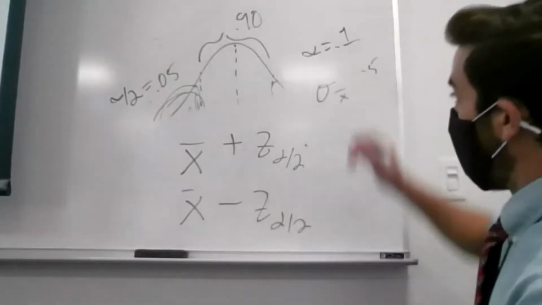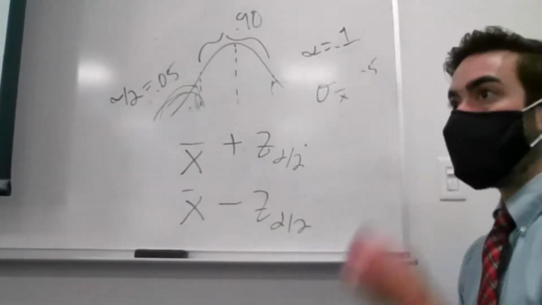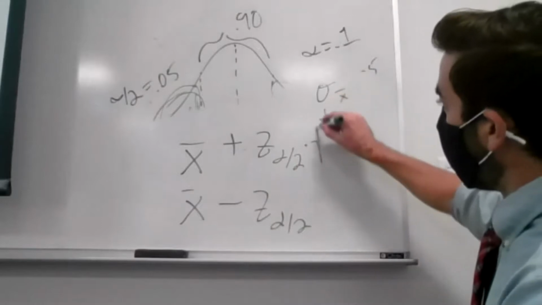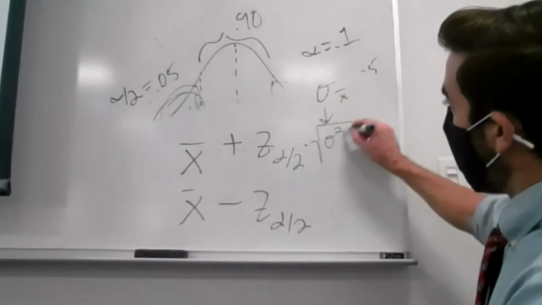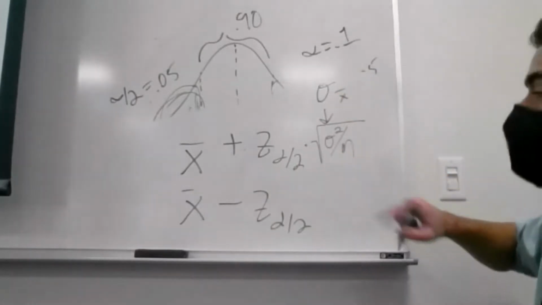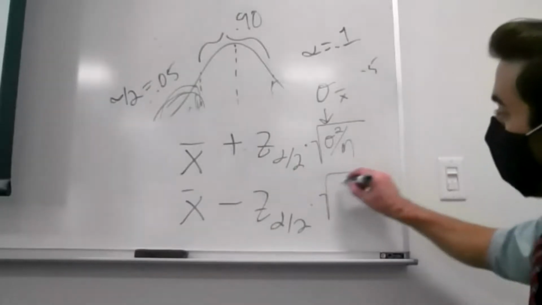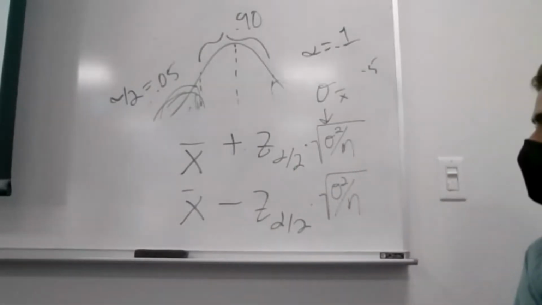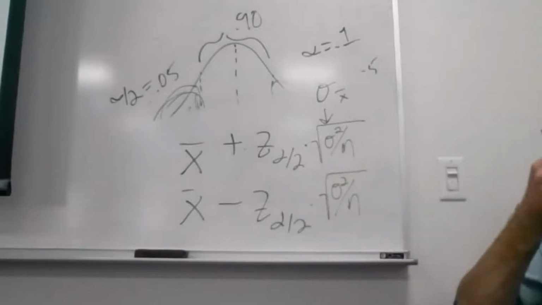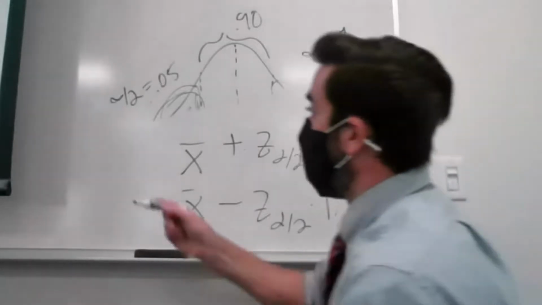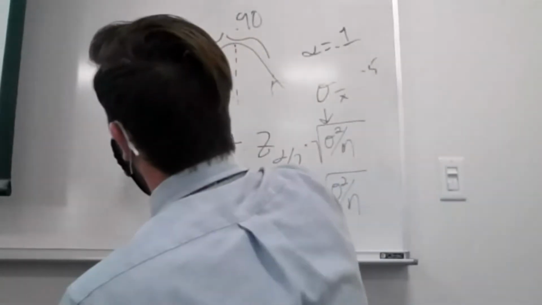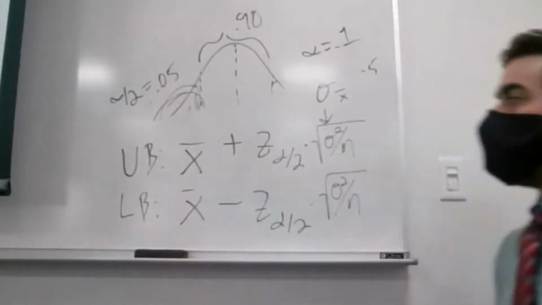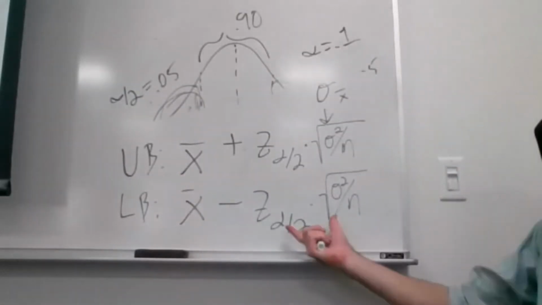Instead of writing that as the standard deviation of my sample mean, I know that this is equal to the square root of the original variance of the data I sampled from divided by the sample size. So that's another way of writing out the confidence interval equation, where when I add, I get my upper bound, and when I subtract this, I get my lower bound.